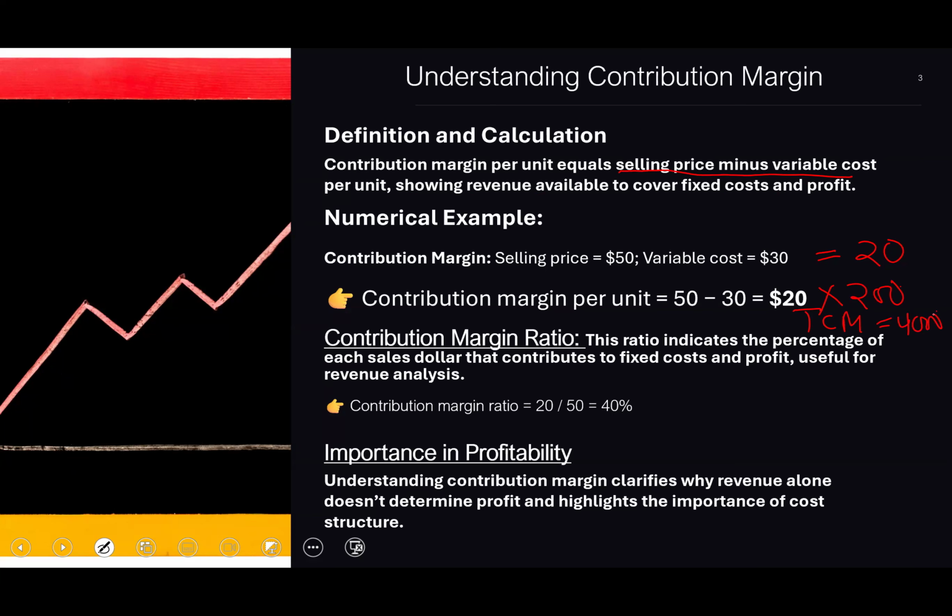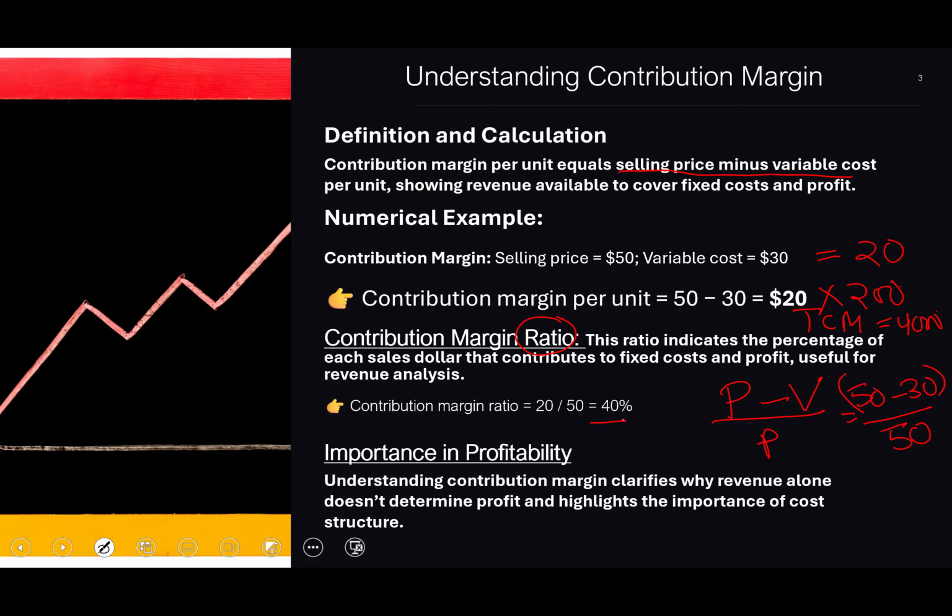You can also calculate it like a ratio. When you do it as a ratio, it is always done as P minus V divided by P, which means 50 of price minus 30 of variable cost gives you a contribution margin of 20. When you divide it by the base of $50 of price, it tells you 40%. What does that mean?